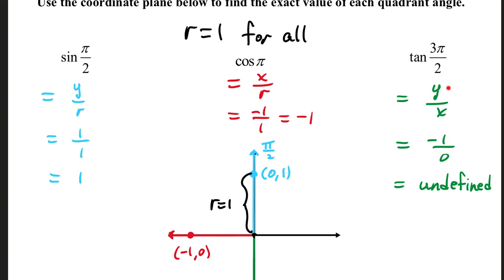Tangent is defined as the y-coordinate over the x-coordinate, negative 1 over 0, and that's undefined. Turns out that pi over 2 is also undefined when it comes to tangent. Any vertical angle will be undefined because the x-coordinate will be 0, forcing a 0 denominator.